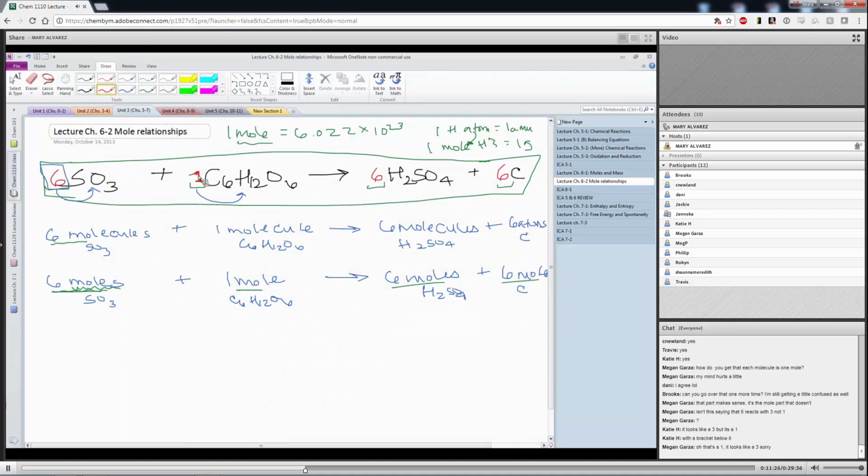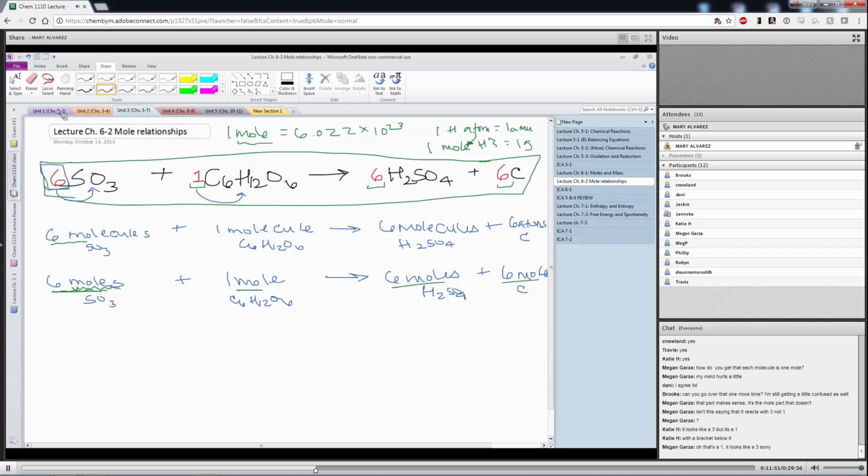Usually when it's just a 1, we don't show anything, but I wanted to pull out the fact that this is a 1 to help us explicitly see this relationship. There we go. Okay, does it make more sense?